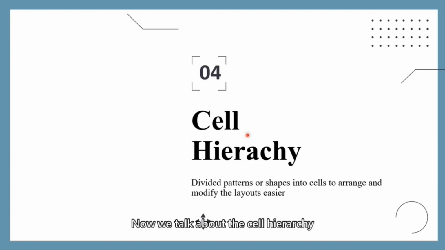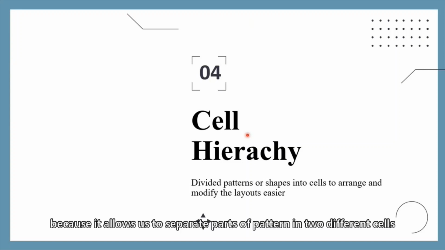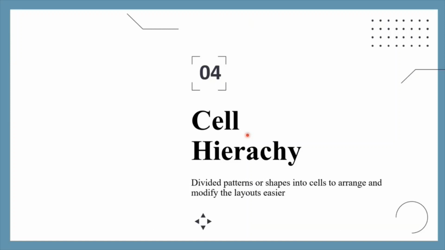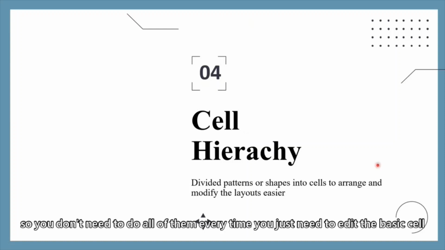Now we talk about the cell hierarchy. I think using cells is important in KLayout because it allows us to separate parts of the pattern into different cells. When you group something into the same cell, those patterns refer to each other, so you don't need to do all of them every time.